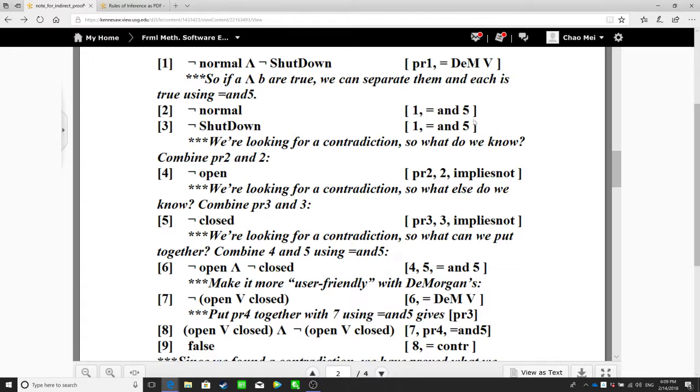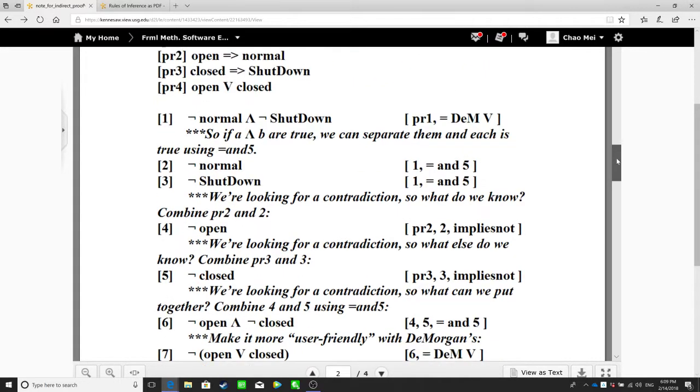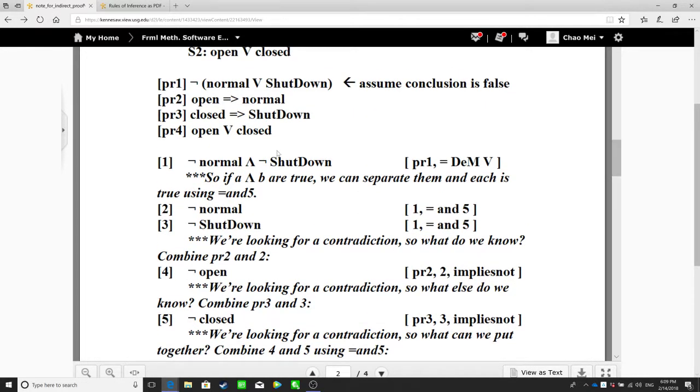Then from this, normal or negation normal and negation shutdown comes from the PR4. We basically put the negation into those brackets, right? When you put negation in, you change and to or, or to and.